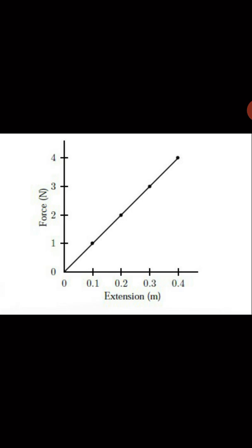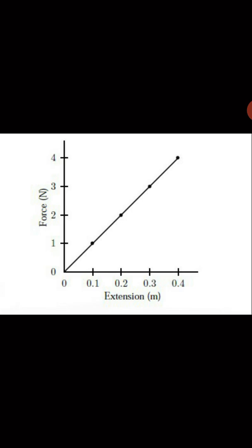If one thing increases and the other also increases, that is called a linear graph. So if you plot directly proportional values on a graph, you will always get a straight line.